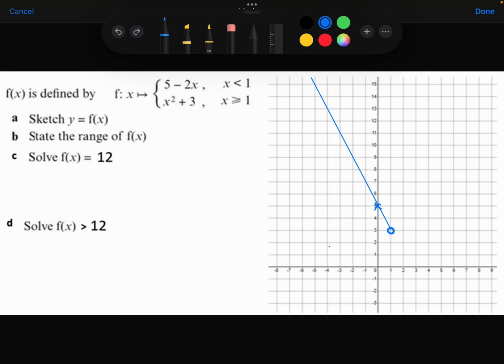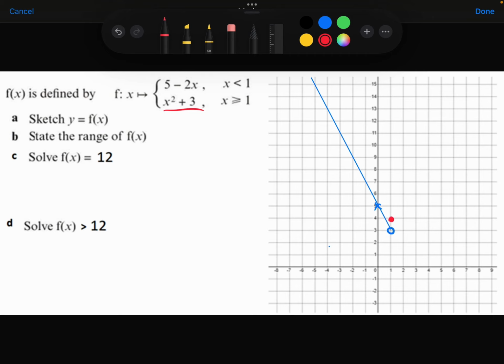For those values, we're looking at the quadratic, x squared plus 3. So let's think about that. Different ways we can plot this. Simplest way is probably just to substitute some numbers. So when x is 1, 1 squared plus 3 would be 4.